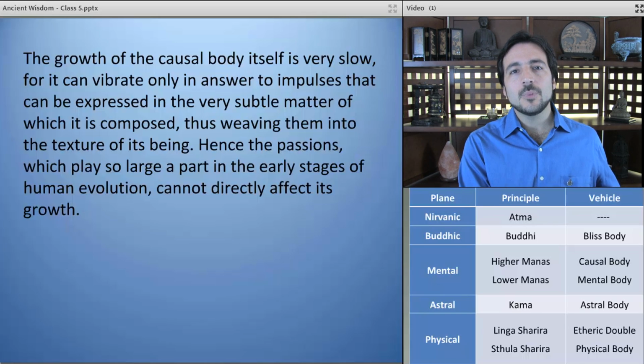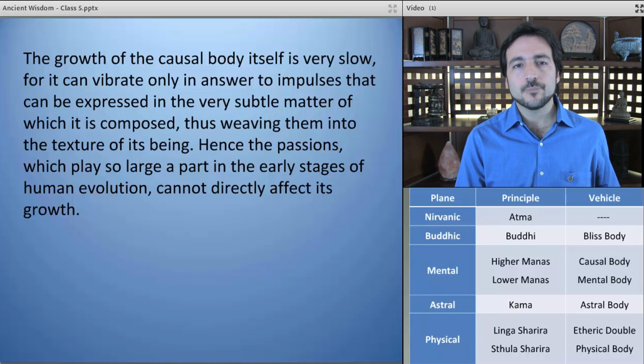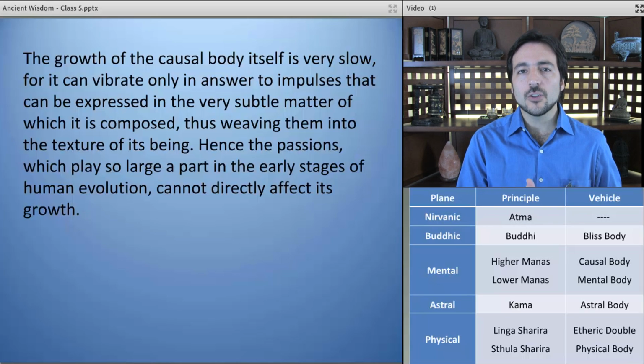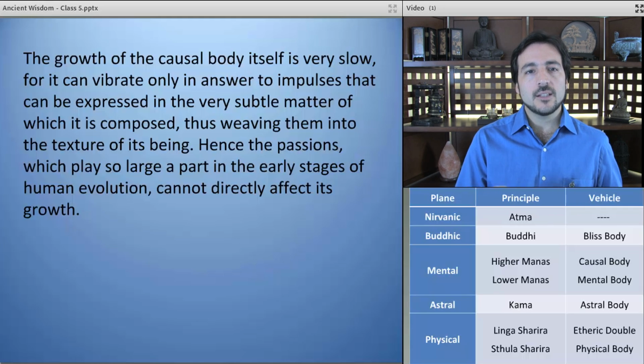So since at the beginning of evolution, these activities are not very prominent, the causal body evolves very slowly.